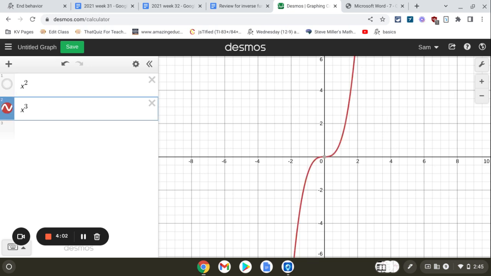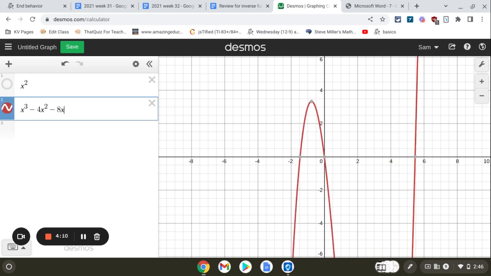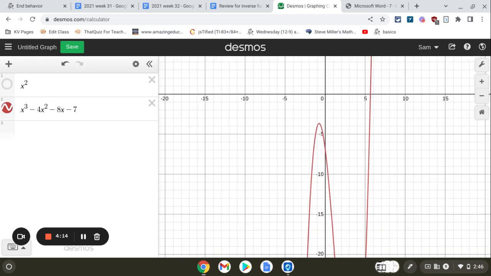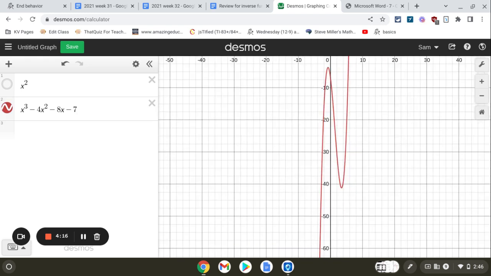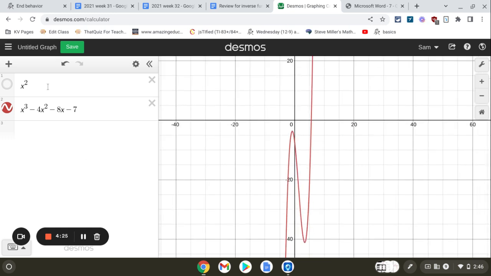All right. Now, even if there's a bunch of other terms there, like x cubed minus 4x squared minus 8x minus 7, it still has the same basic end behavior as the regular cubic. It goes down and to the left, and it goes up and to the right.